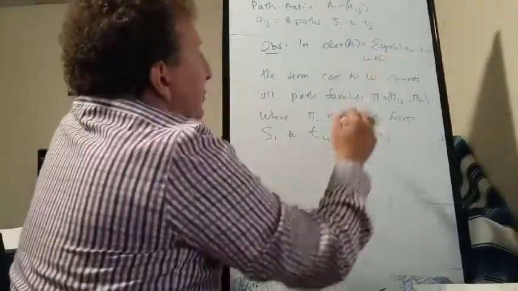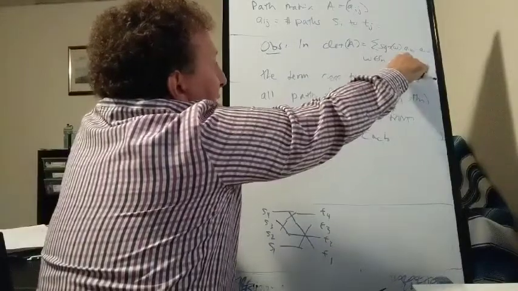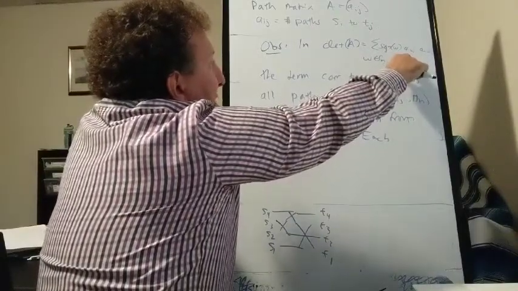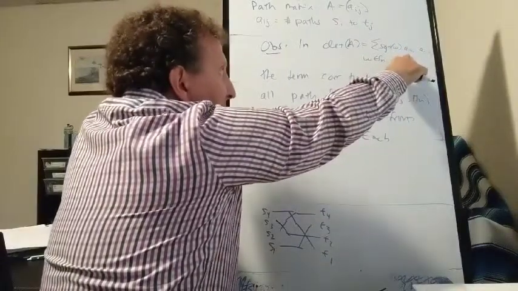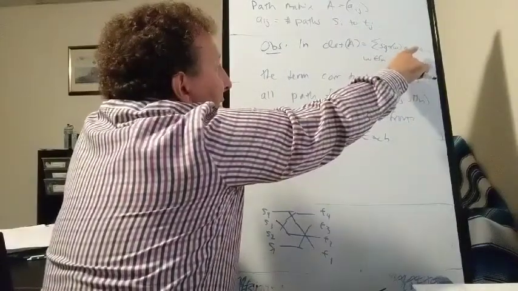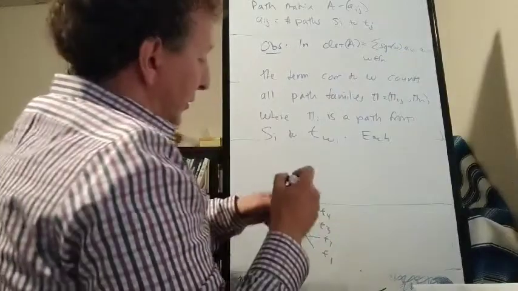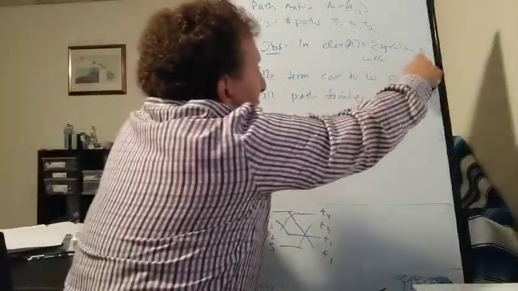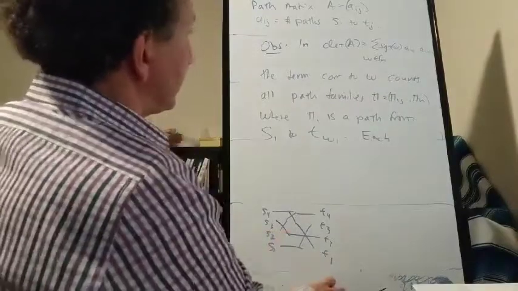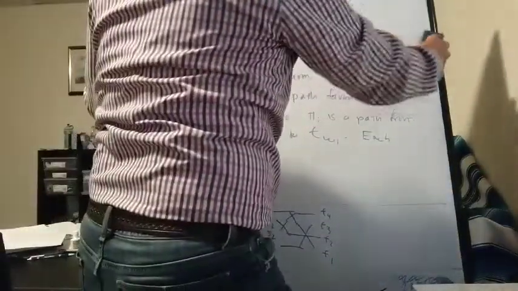So each of those contributes. This is the number of paths from source 1 to sink w1, and then A2 is source 2 to sink w2, etc., up to source n to sink wn. Let me write this a little bigger.